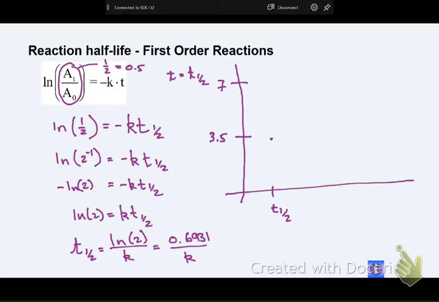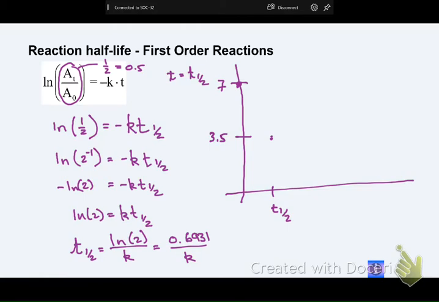So I've already got 2 points on my curve: my initial concentration, which is 7, and my concentration at my first half-life. There, let's try and make one dot out of it.